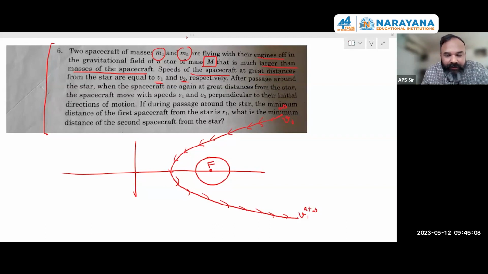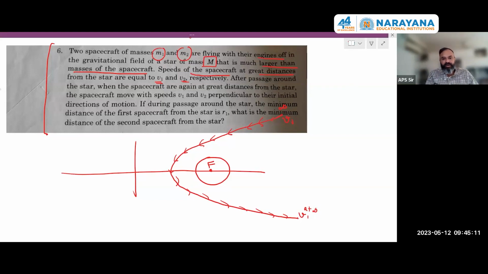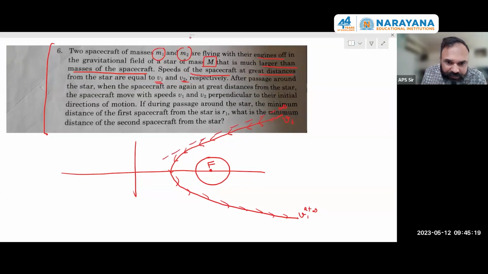So let me use the property of hyperbola here. I know that if you draw these tangents at infinity, like the conjugate axis will come, it will subtend some theta here, some theta here. This coordinate is 0, 0. I've taken this coordinate as a comma 0.